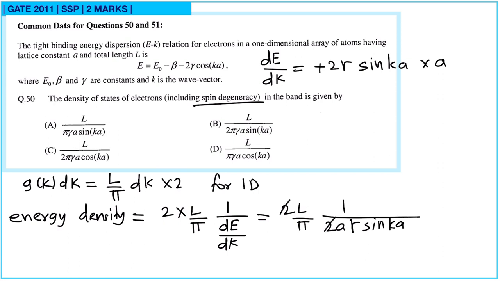So this 2 and 2 will cancel out. So this will be L upon pi a gamma sin Ka. This will be the value of energy density. So L upon pi a gamma sin Ka. So option A is correct.